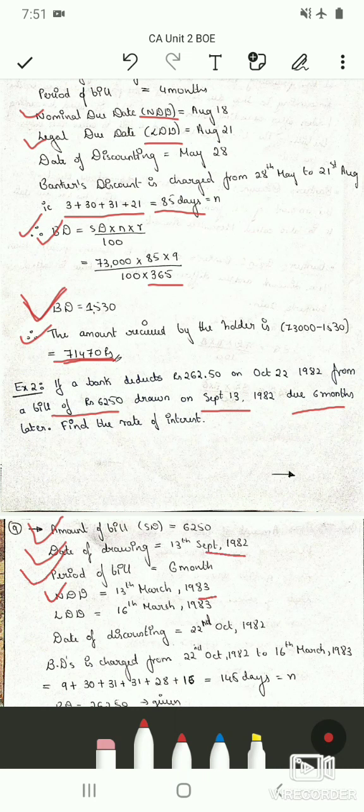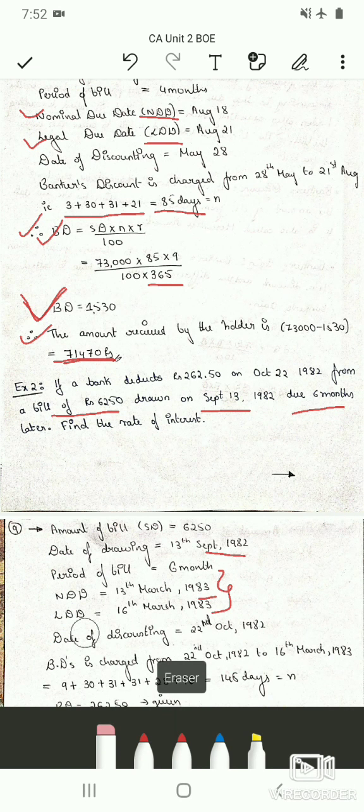Since they have given the year, you can write nominal due date as 13th March 1983. If the year is not mentioned, then you write 13th March of the next year. Then the legal due date will be 16th March 1983.